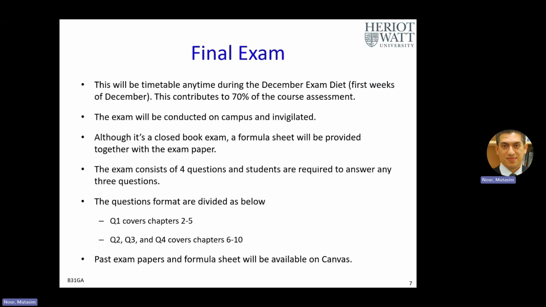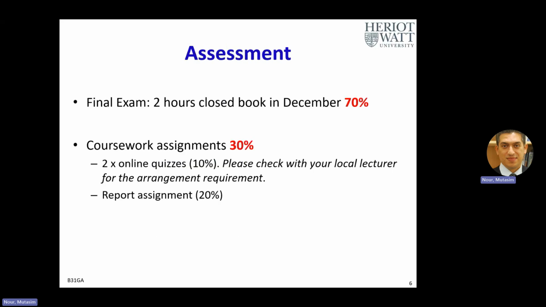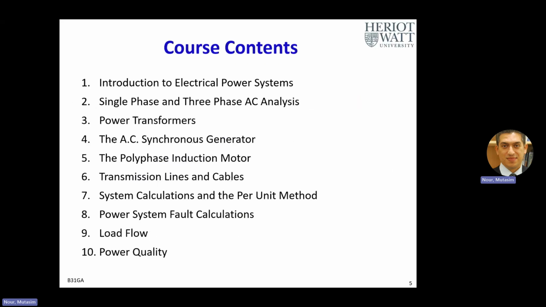Questions 2, 3, and 5 cover chapters 6 to 10. So if you go to chapter 6 to 10, starting from transmission systems until here, these are going to be 3 questions, and from here to here is going to be 1 question, right?